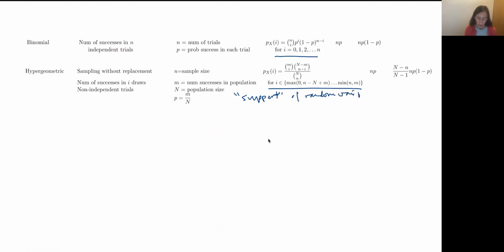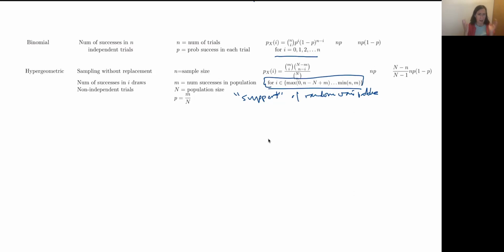And it's complicated for the hypergeometric random variable, so I want to unpack this very terse statement of the support: I is in the set bounded below by the maximum of 0 and small n minus capital N plus m, and bounded above by the minimum of n and m.